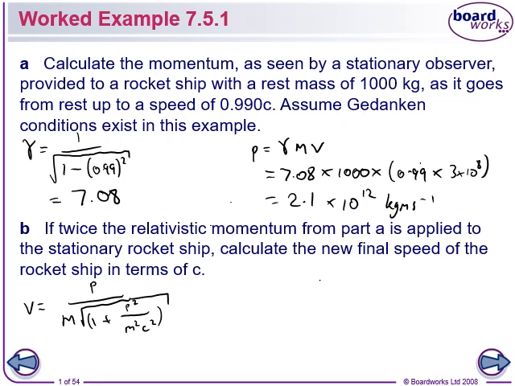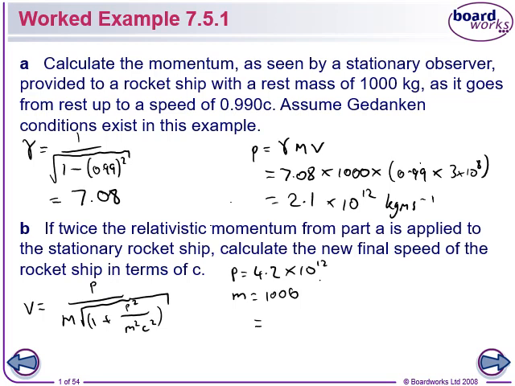So our p value, our momentum, is twice what we've got up here. So our p is 4.2 times 10 to the 12. We know our mass is 1,000. And so we should be able to just put this all into our calculator. C is the speed of light.